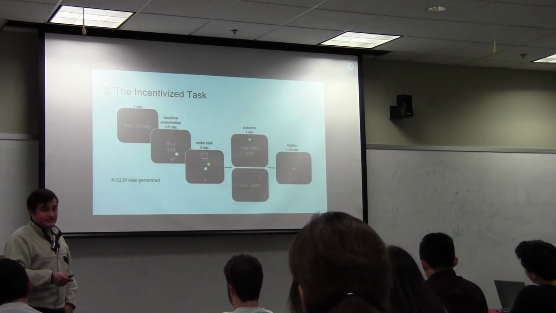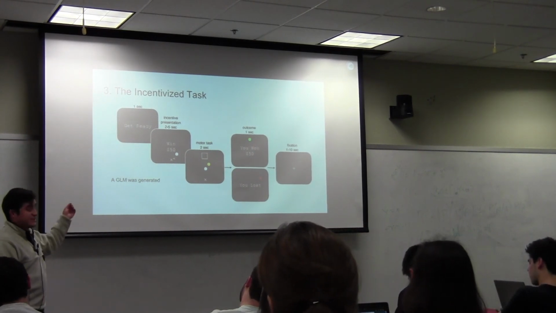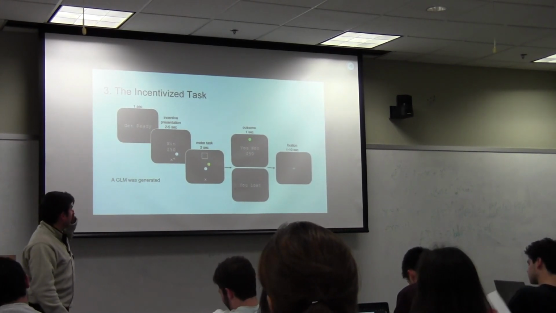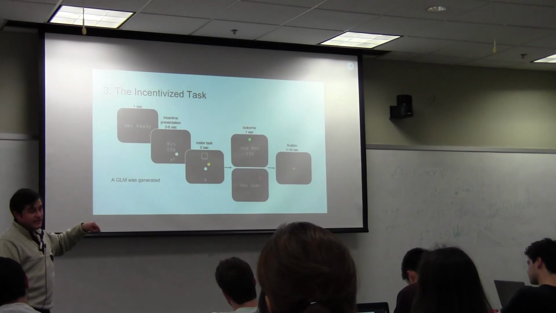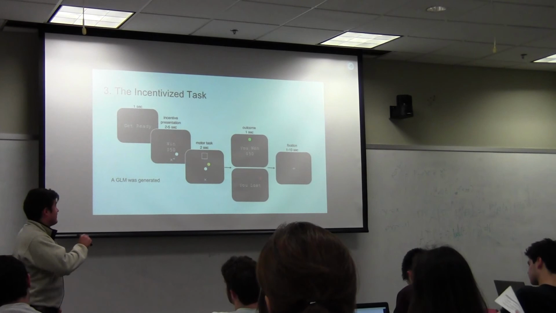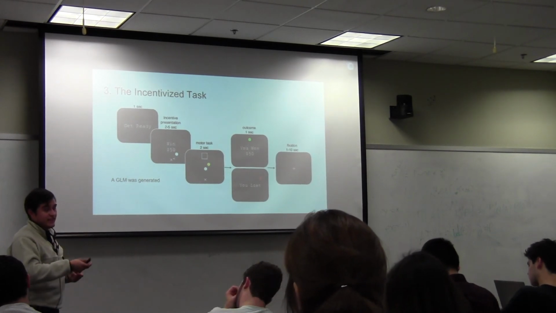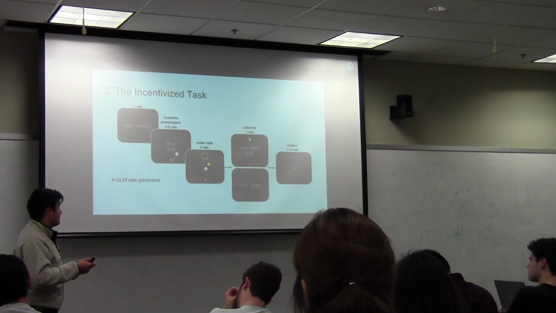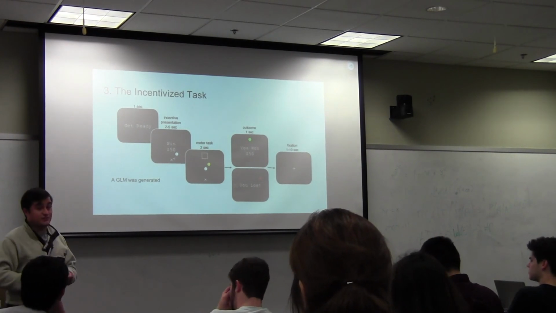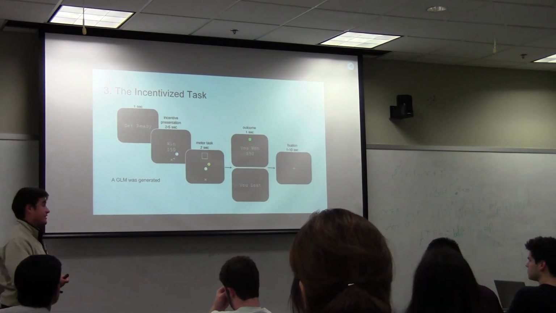And then, onto the meat of the experiment, the actual incentivized task. They tell them, okay, you're going to win a certain amount of money if you do this right, and they did this over many trials. Then they pulled a random trial out of the study, and gave the person that amount of money, so it was a real incentive. It was to their advantage to do as well as they could, because the more high value prizes they won, the more likely they were to get one of those at the end.